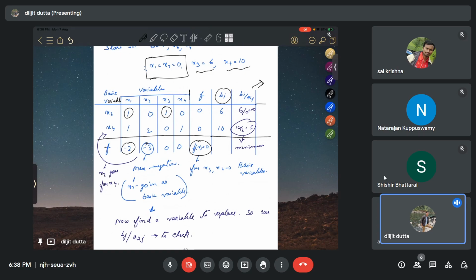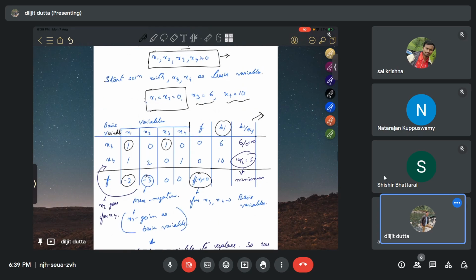Now the question arises: if x2 is going into the basic solution, it has to replace one of our basic variables, right? So how will we select that? For selecting that, the first criterion is the ratio bi by aij. We take bi and divide by the coefficient corresponding to x2 for both x3 and x4.